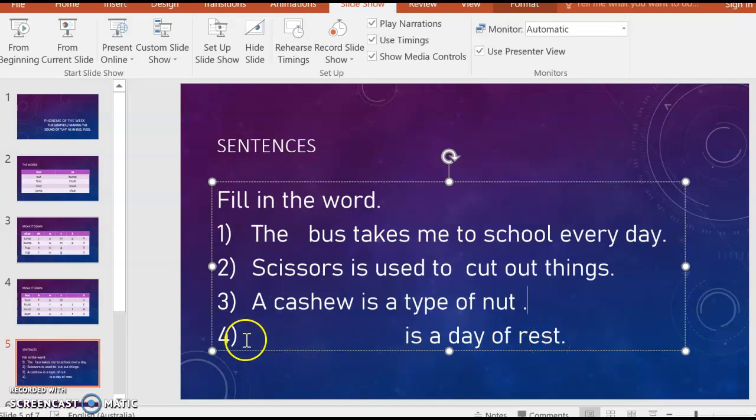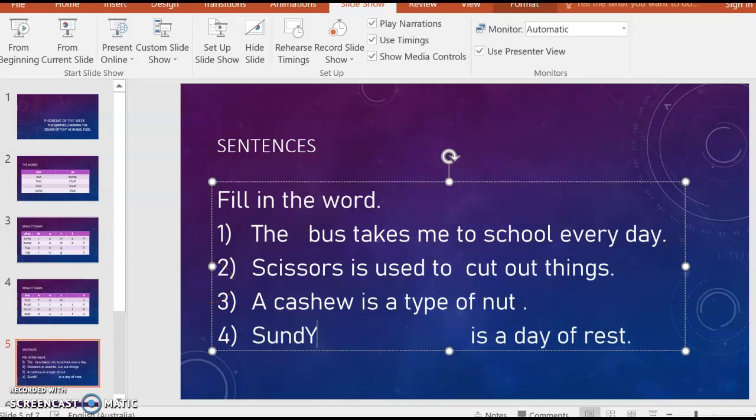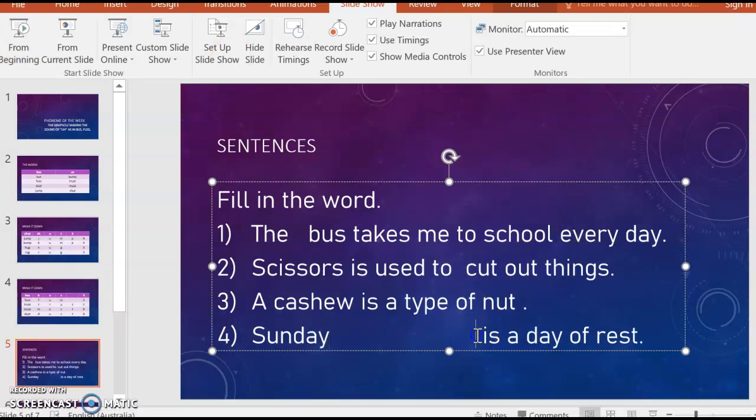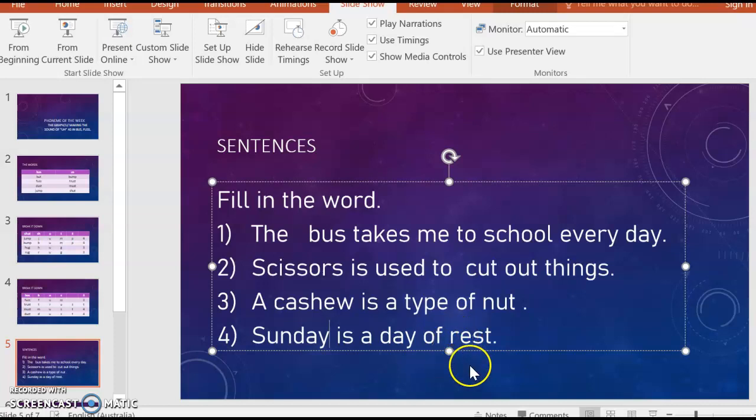So what does the Bible say about the day of rest? It is Sunday. Sunday is a day of rest. So let's bring all this back closer. Sunday is a day of rest. So those are some examples of sentences that you can do as well.